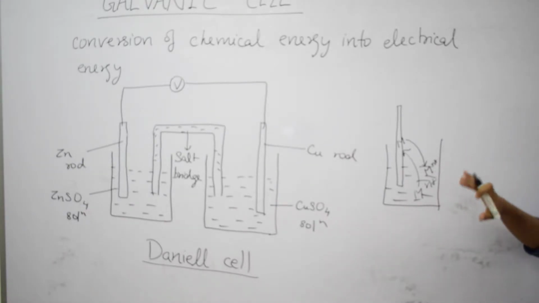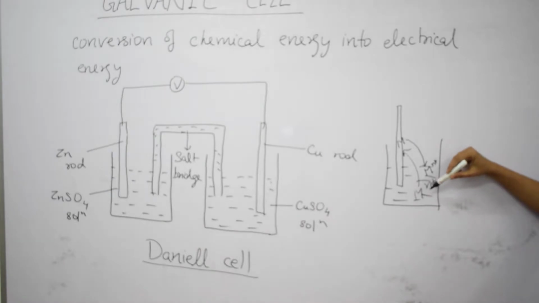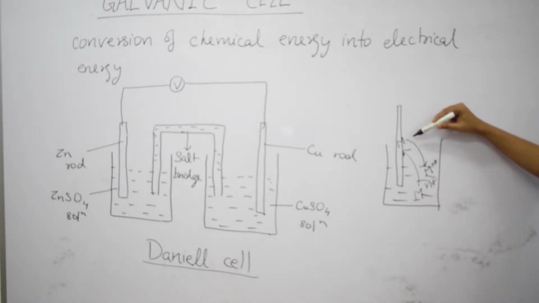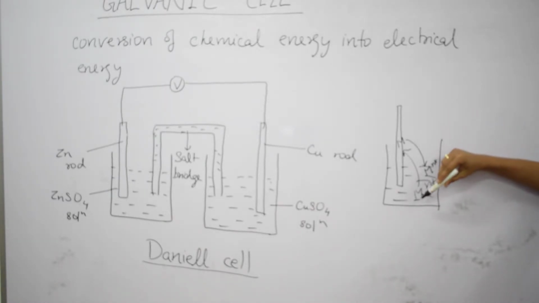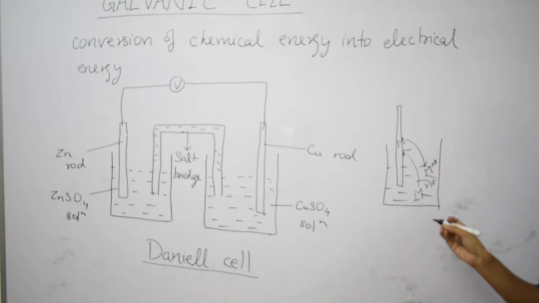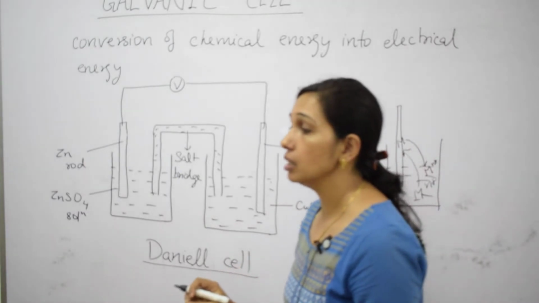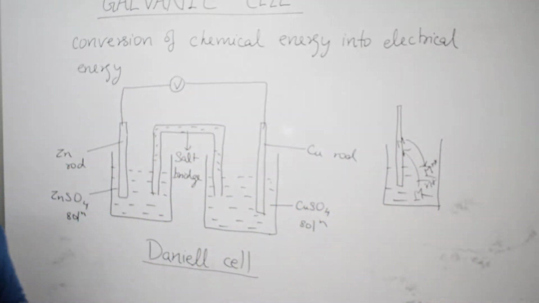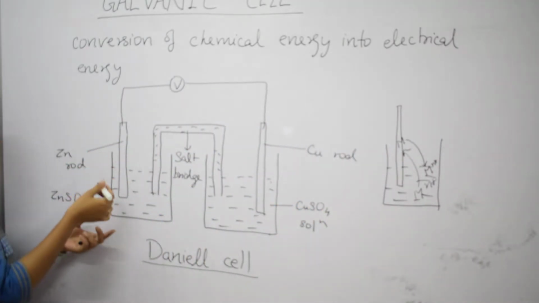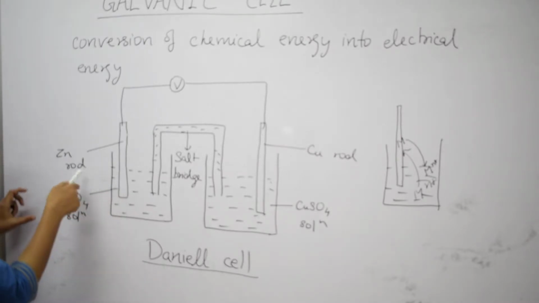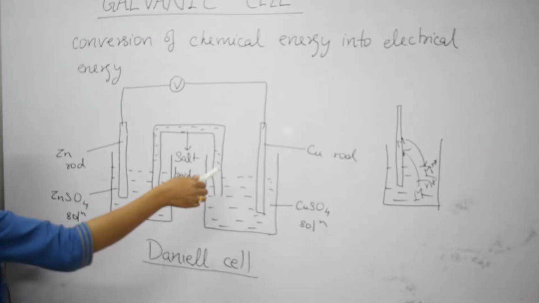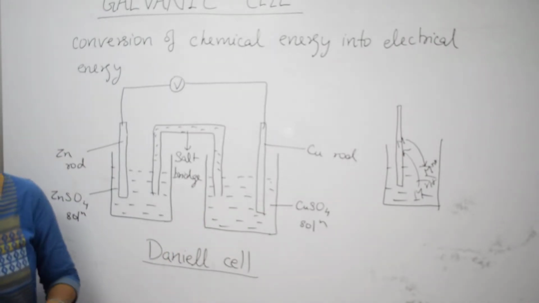These two processes occur simultaneously. The metal with more metallic character gets oxidized, like zinc here, and copper gets reduced.